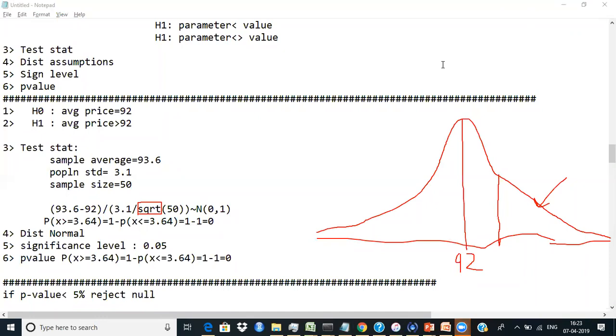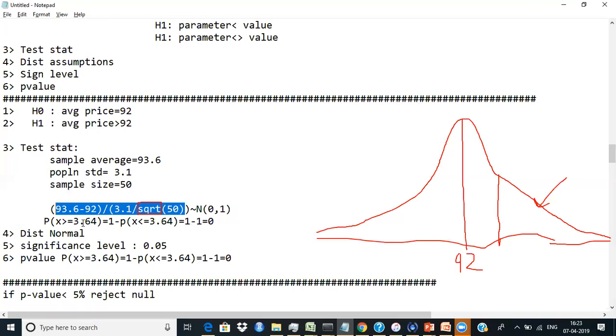Sir, in the test stat, what is the 3.64? As in, what do we call that value? So 3.64 is the value of the test statistic. It is coming from the central limit theorem, right? When we refer to the Z tables, what value do we calculate that we refer to?